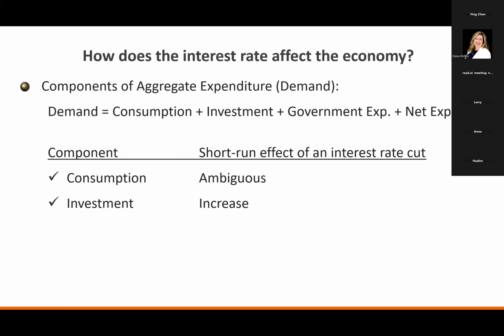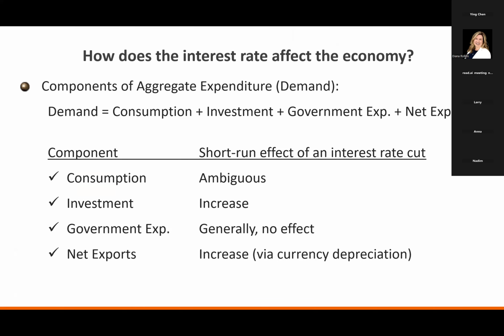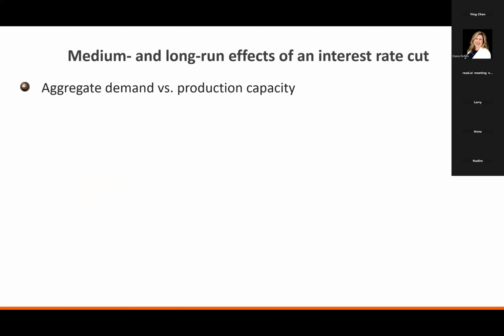I had emphasized here the short run, but in the medium and long run, the effects may be different. For the medium and long run, we need to take into account the fact that the economy has limited production capacity and aggregate demand. If aggregate demand is equal to production capacity, then the economy could be stable.